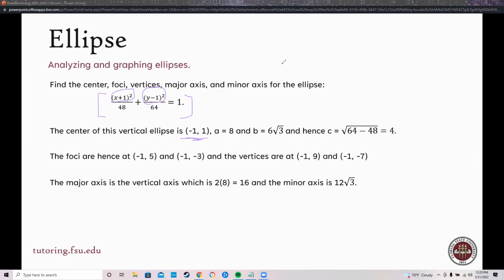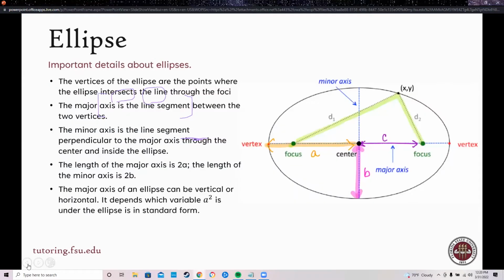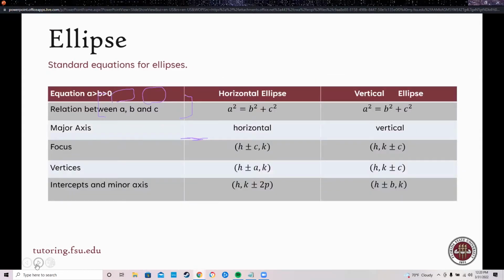If you use the definitions that we brought up, let me back up. So we have a and b on the bottom.